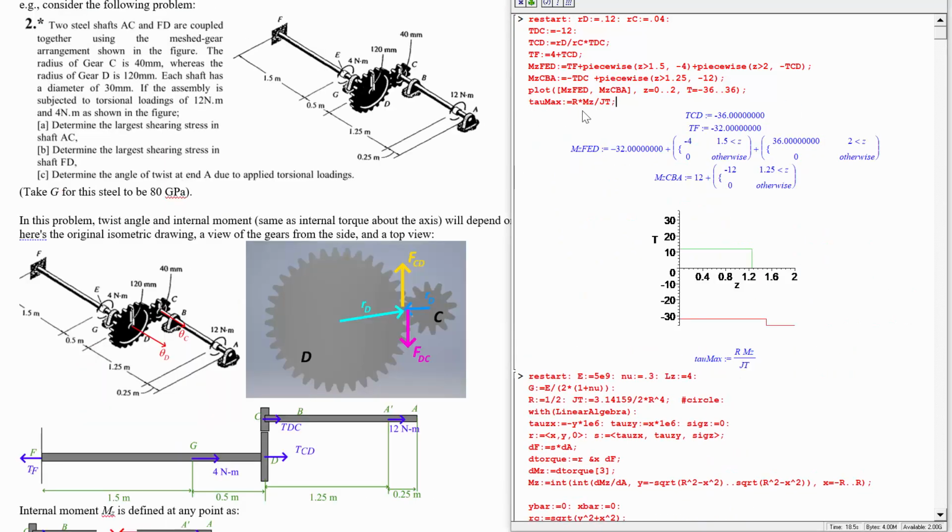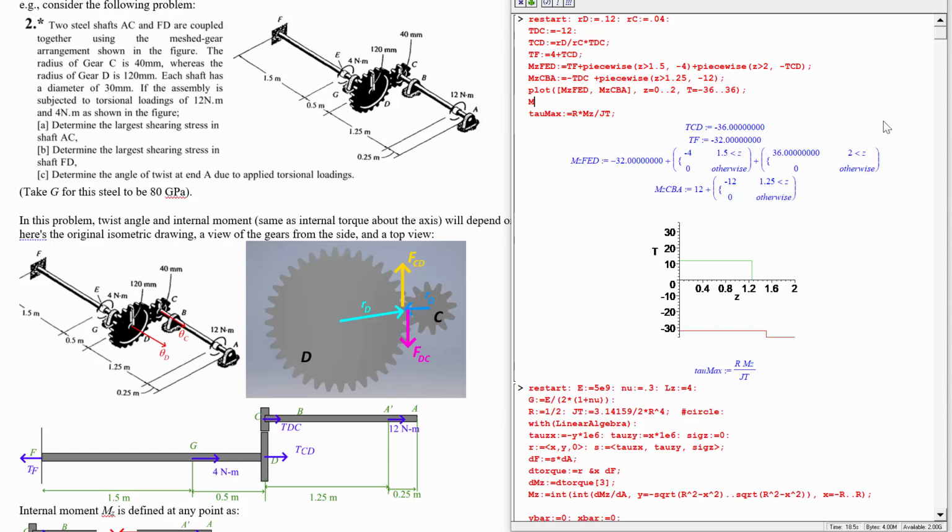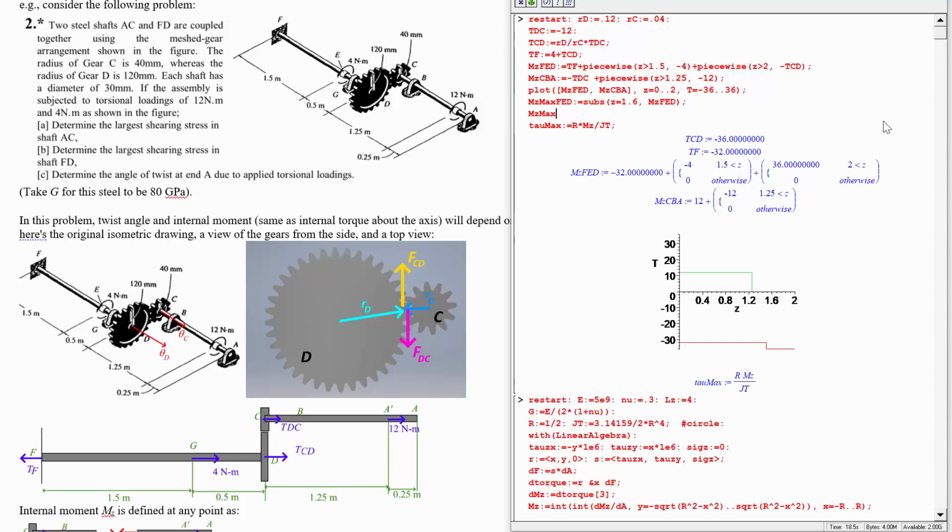Now we're going to need to figure out what these components are. So we have MZ, we'll just use the maximum MZ that we got here. So we'll say MZ max FED is equal to substituting Z equal to, let's say 1.6, into MZ FED, and MZ max CBA is substituting Z equal to, let's say 0.4, into MZ CBA.